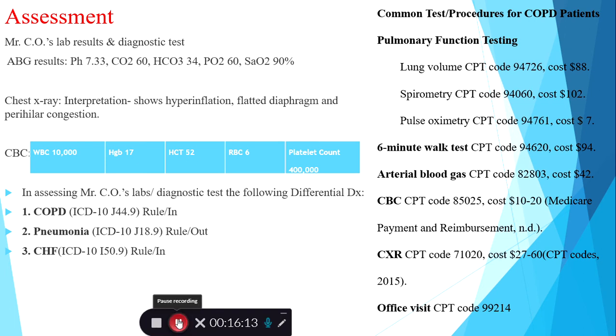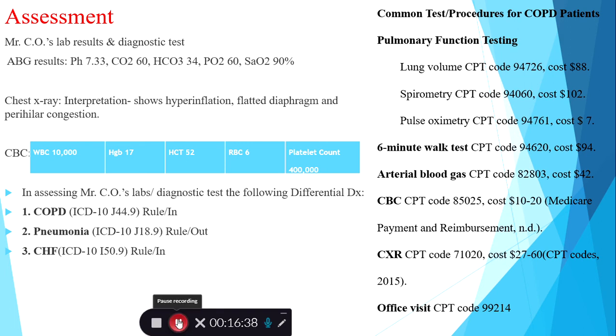In assessing Mr. CO's labs and diagnostic tests, the following differential diagnoses were determined. 1. COPD to rule in. 2. Pneumonia to rule out. And 3. CHF to rule in.